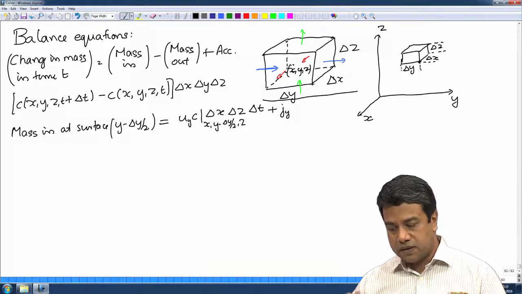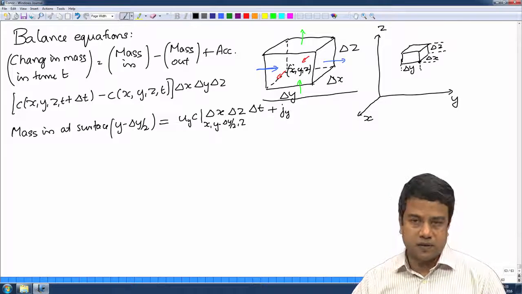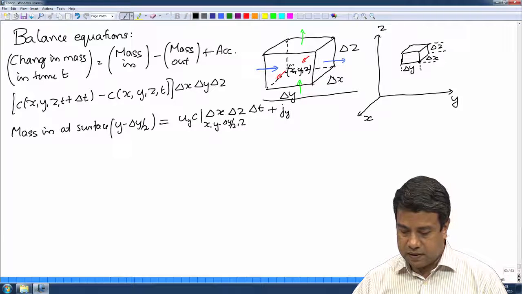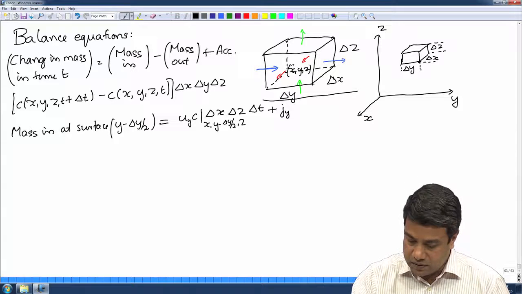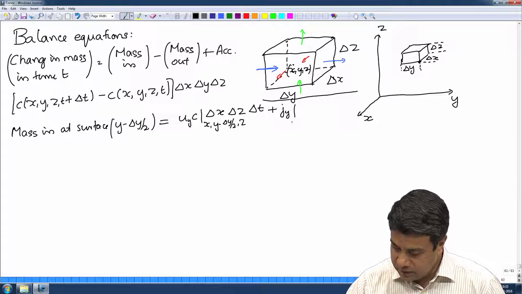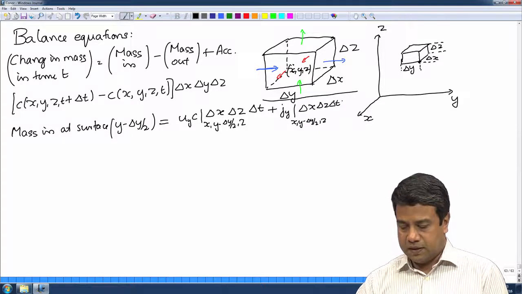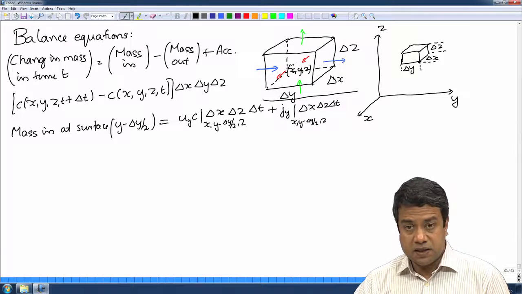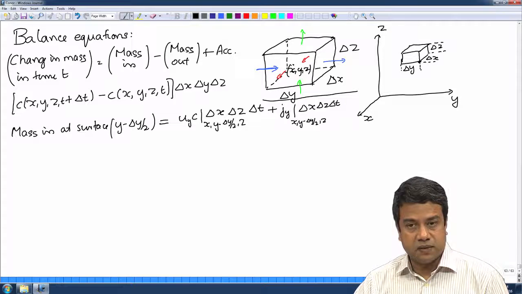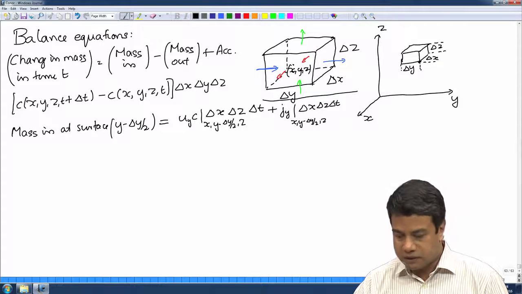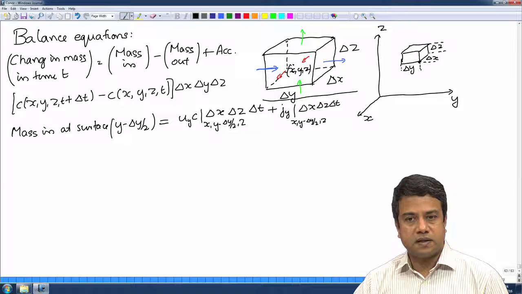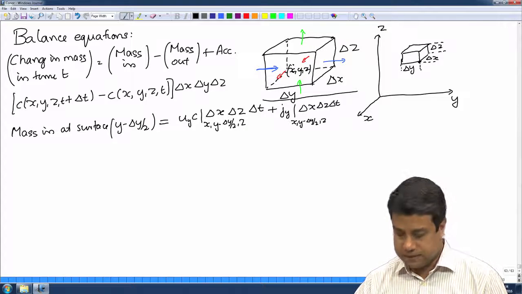So, take the component of the flux that is perpendicular to the surface. This has to be taken at the location x, y minus delta y by 2, z, times the area delta x, delta z, delta t. So, that is the mass in at the surface y minus delta y by 2. The first one is due to convection, the second one is due to diffusion.